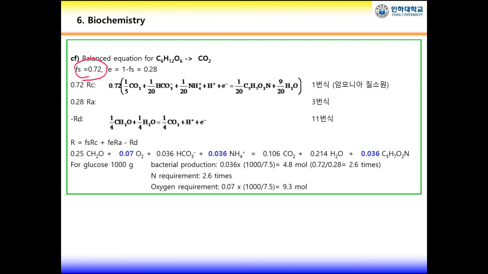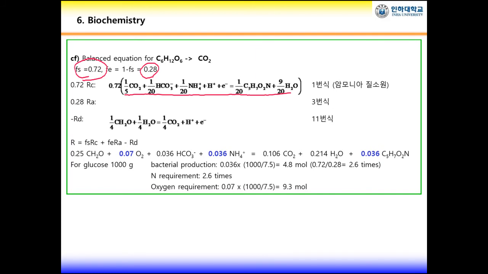So Fs is 0.72. So 72% of electrons go to cell synthesis, and only 28% of the electrons released from the glucose are used for energy generation. I think this cell half reaction is the same as before.